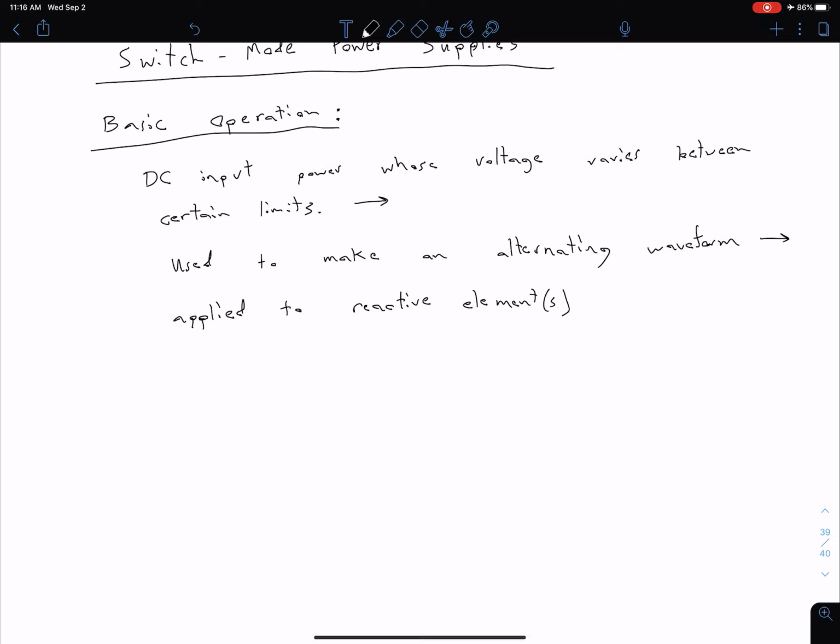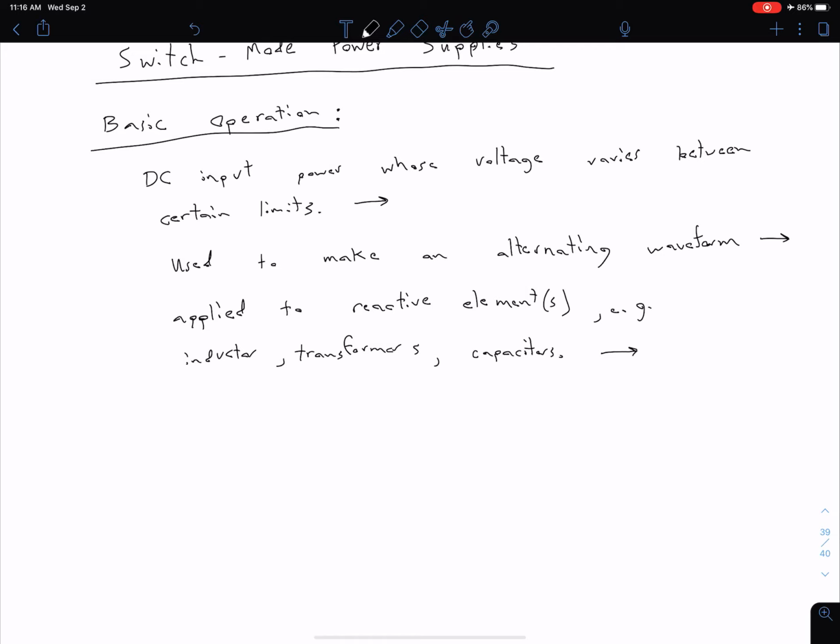It might just be one, it might be multiple. Examples of this could be inductors, transformers, or in some rare cases we might even use capacitors.